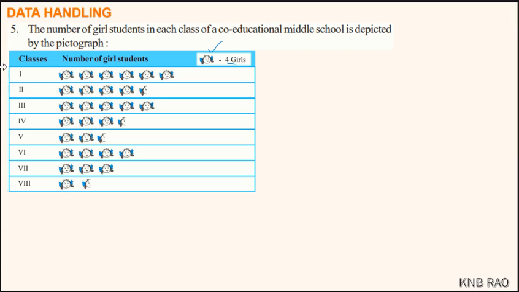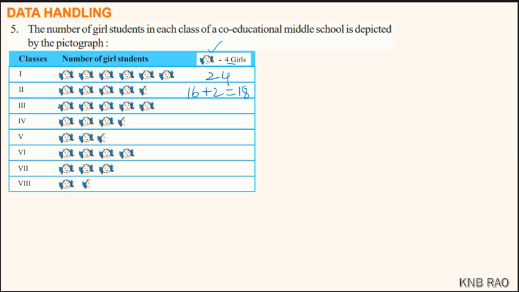In 1st standard there are 6 full faces, 6 fours are 24 girls. In 2nd standard, 4 full faces means 16 girls, and half a face can be considered as half of 4, which is 2. That means 16 plus 2 gives 18.